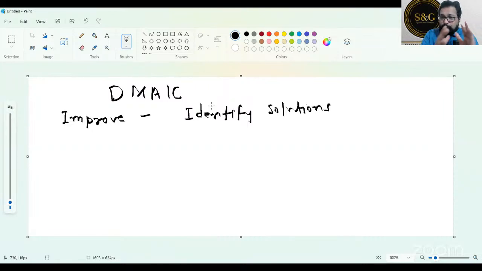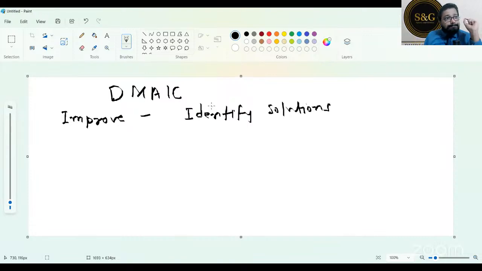Now we are in the improve phase of the DMAIC framework. The main objective is to generate solutions for the root causes already identified in the analyze phase. Once we generate the solutions, we prioritize them, and then we go for the action plan.